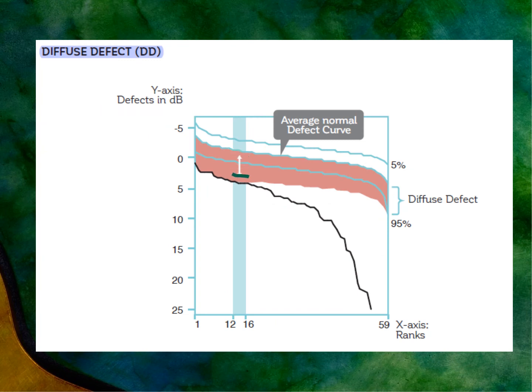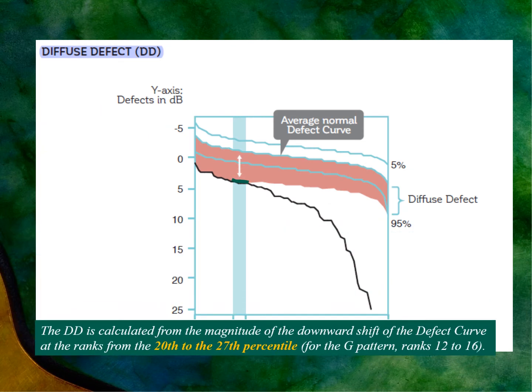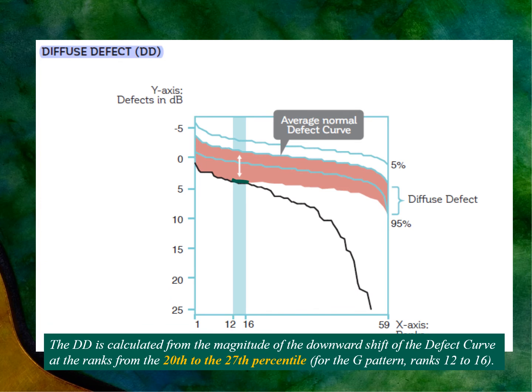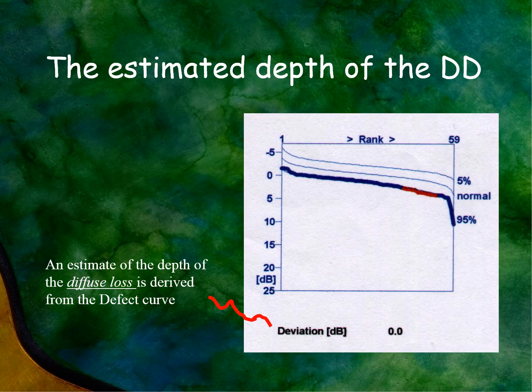The diffuse defect is calculated from the magnitude of downward shift of the defective curve at the rank from 20th to the 27th percentile. For the G pattern, it is located between the 12 and 16 location of these 59 points.